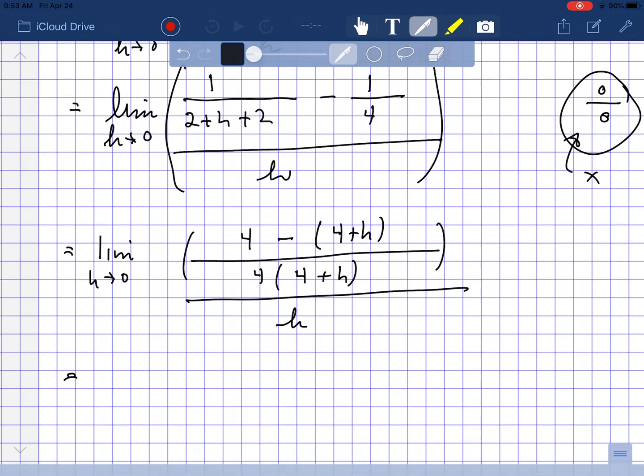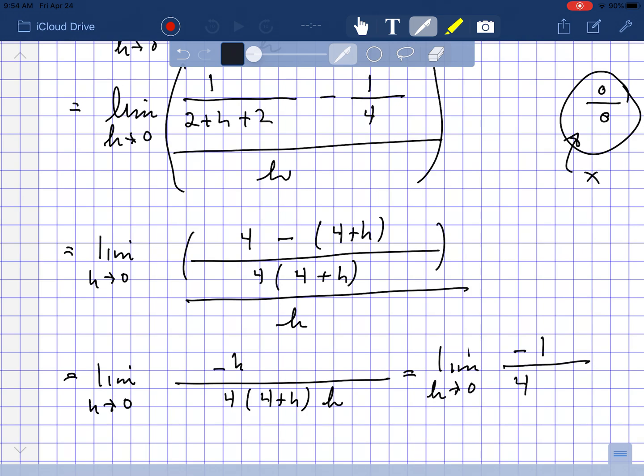All right, so this is equal to the limit as h goes to 0 of, okay, look at this numerator. This is 4 minus 4 plus h. That's going to give me minus h divided by 4 times 4 plus h, and this h I can bring up here. And now this is equal to the limit as h goes to 0 of minus 1 divided by 4 times 4 plus h.